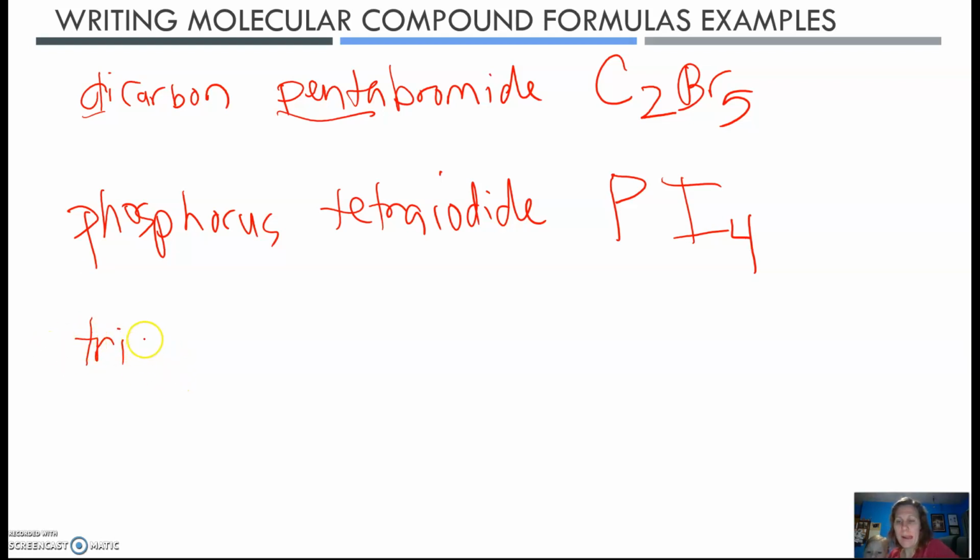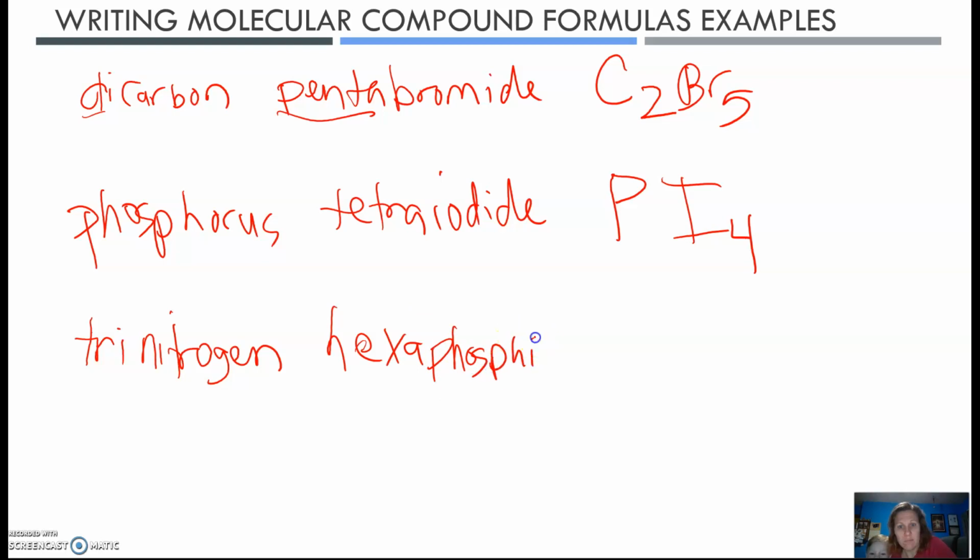Try nitrogen hexaphosphide. Hexa is an X. Good job, baby. Hexa, P, phosphide.